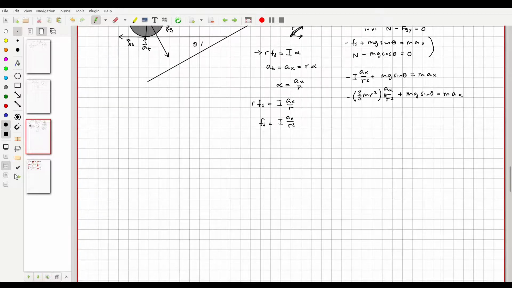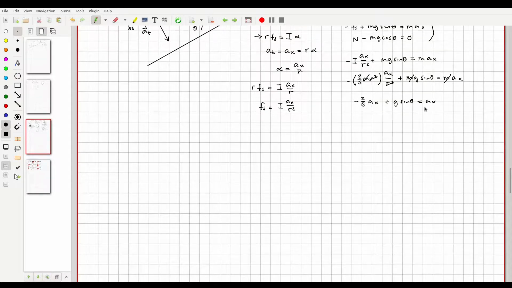Now look, the m's cancel. I also see over here an r squared in the bottom and an r squared in the top. Those go away too. So what I have here at the end of the day is minus 2/5 a sub x plus g sine of theta is equal to a sub x.